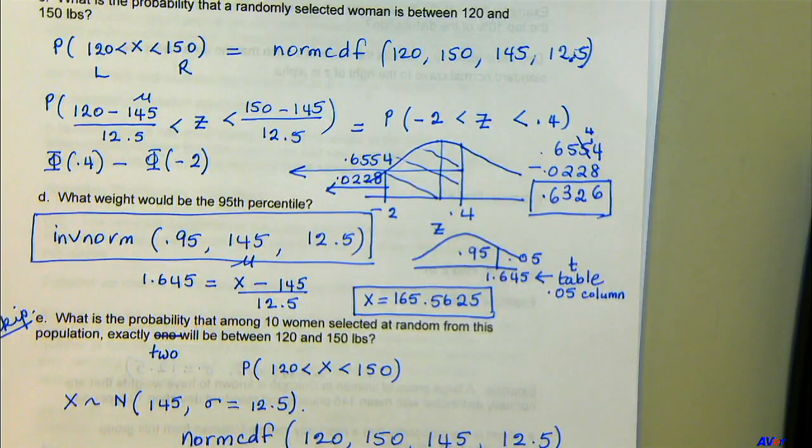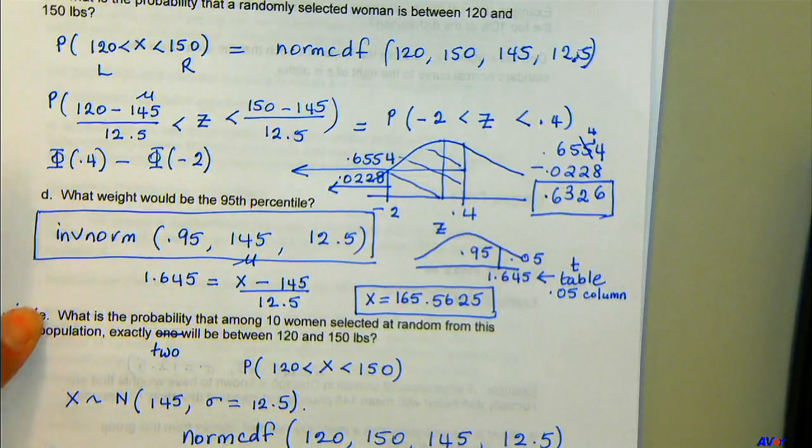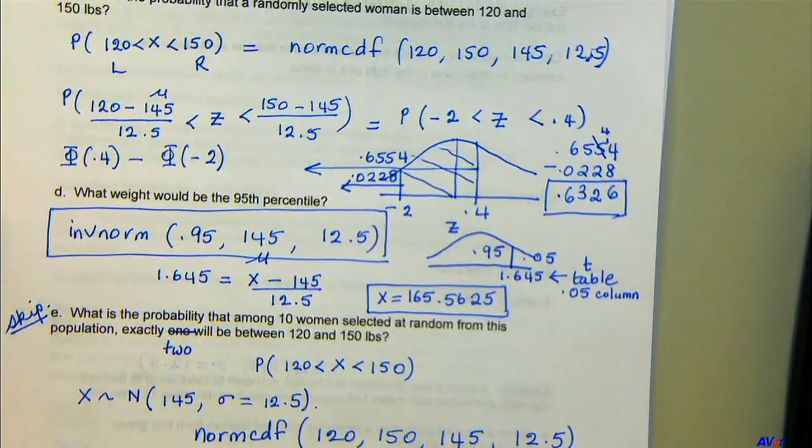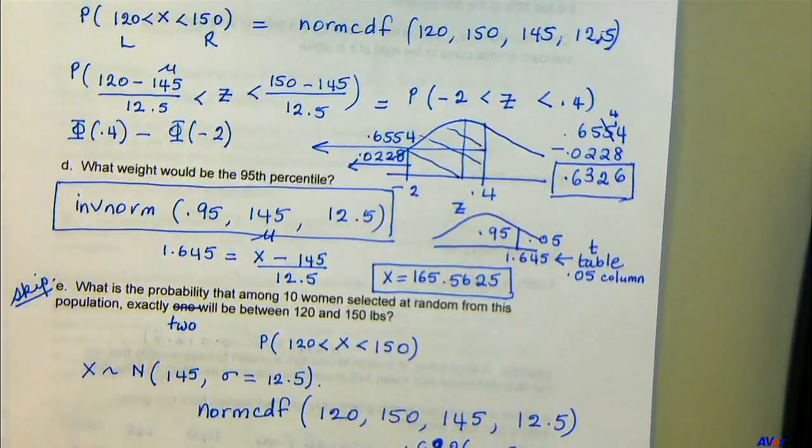Any other question? So let's do part E. Part E, this skip is for a different class, 102, okay? So what is the probability that among 10 women selected at random from this population, exactly 2 will be between 120 and 150 pounds? That's the question.